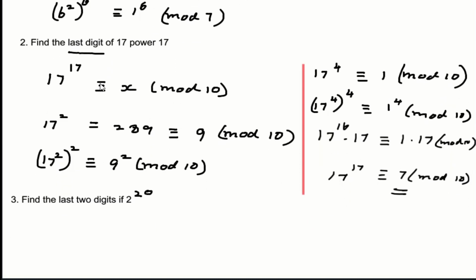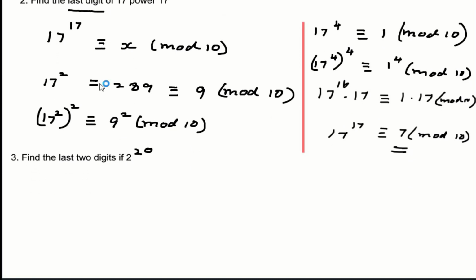That is how we should write it. Now, find the last two digits of 2 power 20. The last two digits, from 0 to 99, are the remainders we get when we divide by the smallest 3-digit number, 100. So the question is taken as 2 power 20 is congruent to x mod 100.